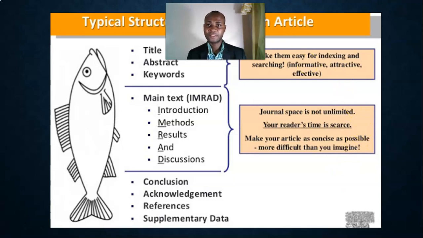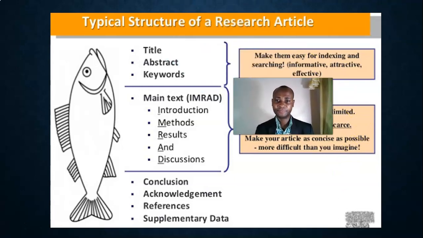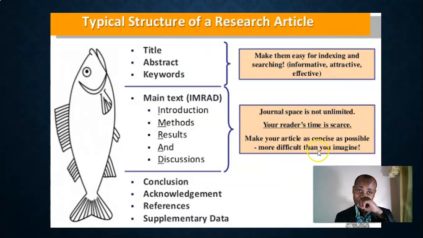All right, so let's look at the structure of a research article. The structure looks like a fish. We have a small end there, a small end there, and a big body in the middle.